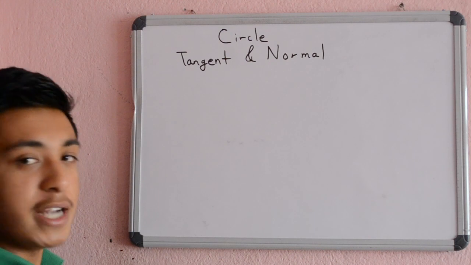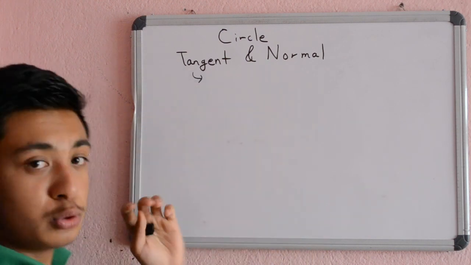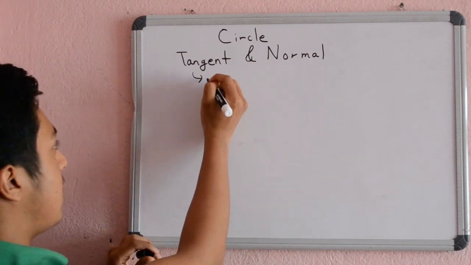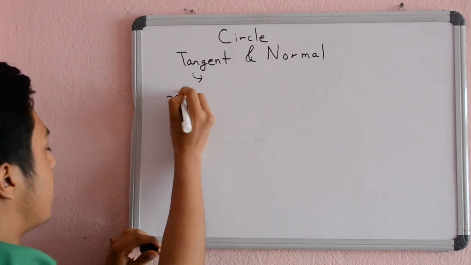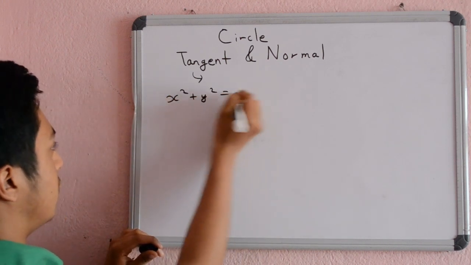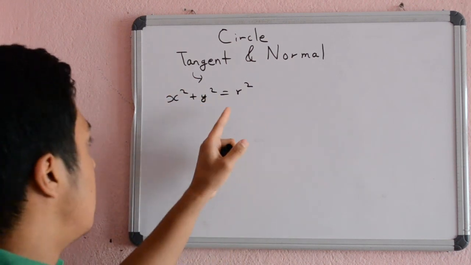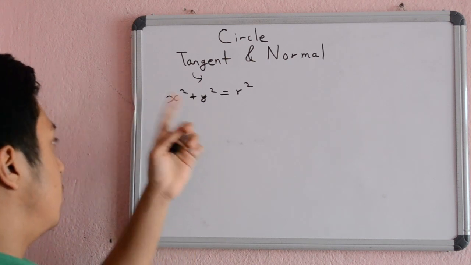One is by doing derivatives, because tangent is basically the slope of the curve, and derivative is the slope. Here let's see the equation of the circle at the origin, which is x squared plus y squared equals r squared. Now let's differentiate both sides with respect to x.